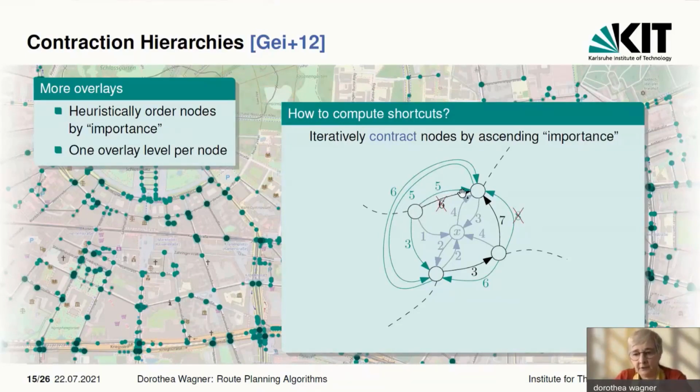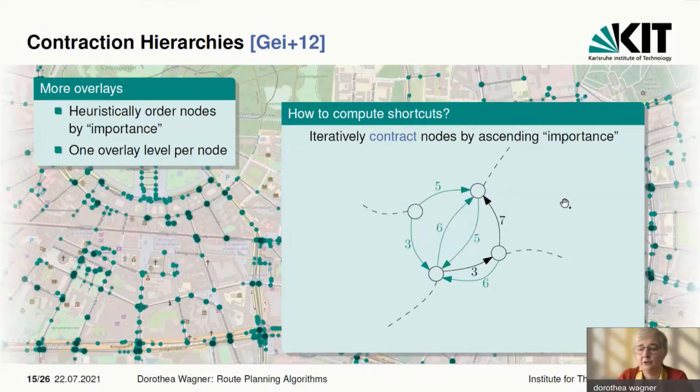There is this edge of length 5 induced by the shortest path via X. So this edge of length 6 that is in the original graph is no longer relevant. While here in this case, we have introduced an edge of length 8. We already have an edge of length 7. So this new edge of length 8 is not really relevant. Okay, so what we end up with after contracting X is this little graph.